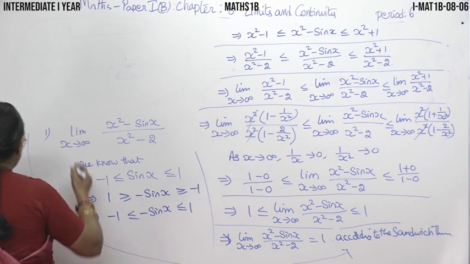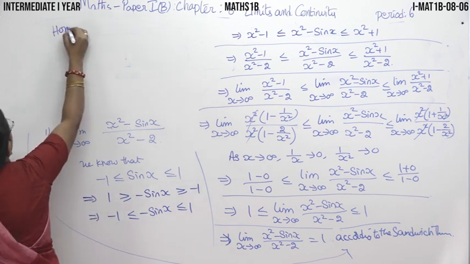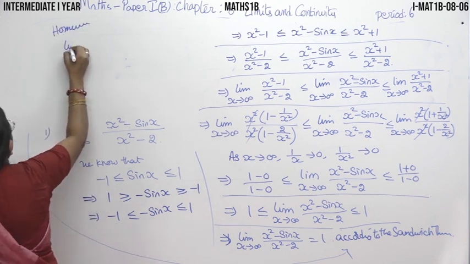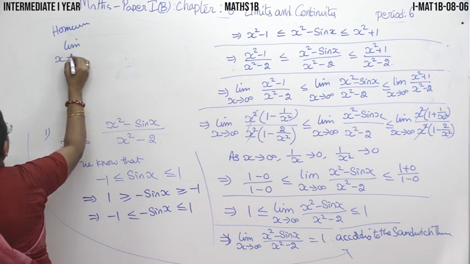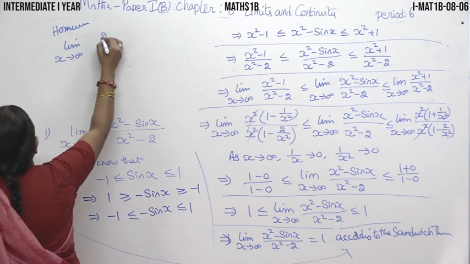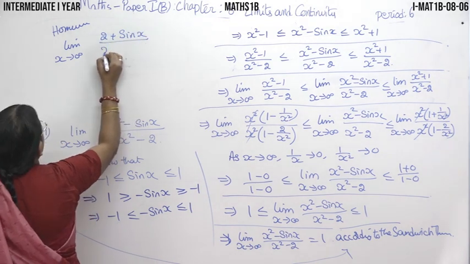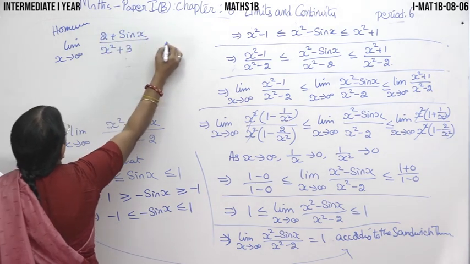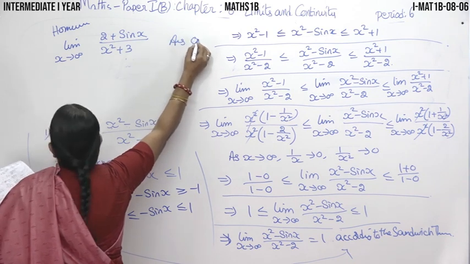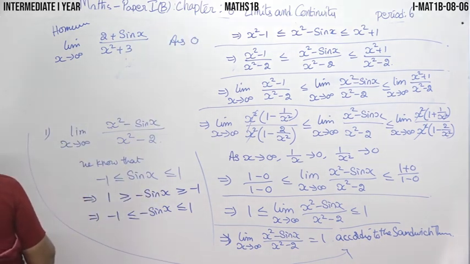Okay, you can try this problem as homework. You can try the limit as x tends to infinity of (2 plus sin x) by (x square plus 3), same type of problem. So your answer is 0. Answer is 0.